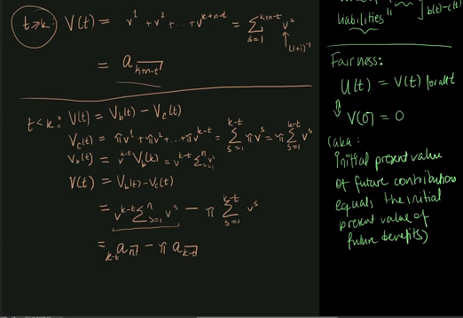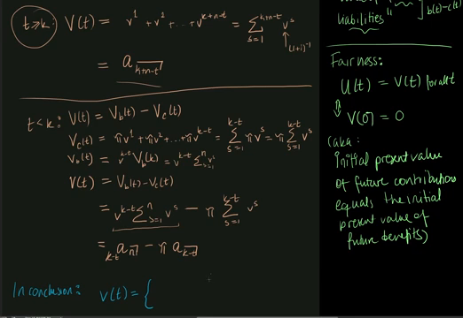So to sum it all up, in conclusion, what do we have? We have that v of t is equal to, and then we have the two cases.